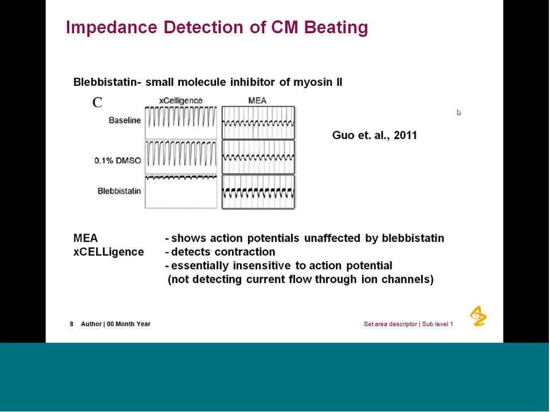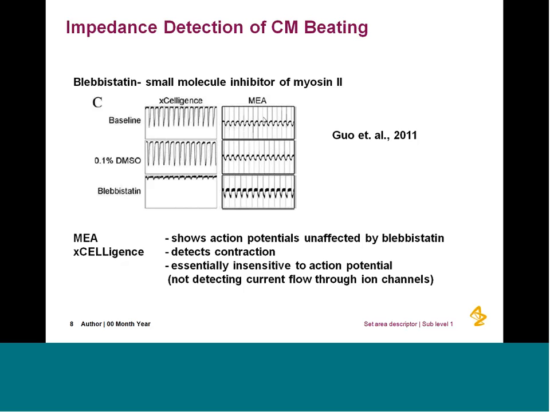And here you see xCELLigence on the left and an electrophysiological measure on the right. That's a whole cell current or an extracellular current with MEA. And what you can see is blebbistatin blocks the response in xCELLigence. It is an inhibitor of myosin 2.